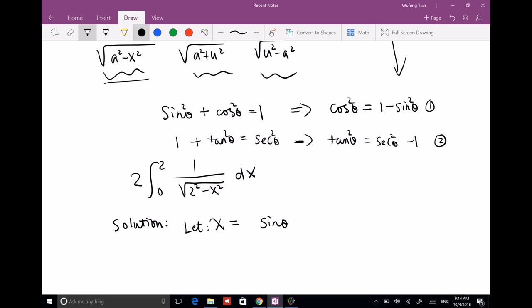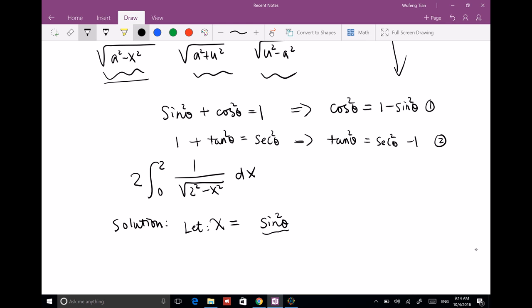Are there any other ideas? x would be sine squared theta. Alright, so here's 2 squared minus x squared. Let's just do a little bit of work. If we use sine squared theta, what happens?